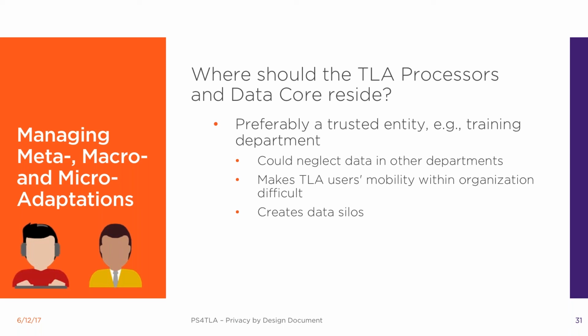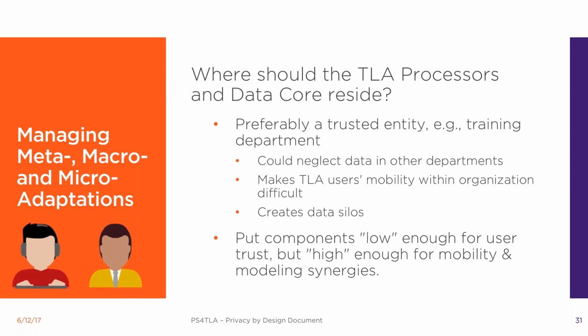The goal here is to find the optimal level to implement TLA. It needs to be low enough to generate trust, but high enough to avoid any mobility problems. I currently don't have a perfect solution to this, but we're still working on it, and I would love your input on this as well.